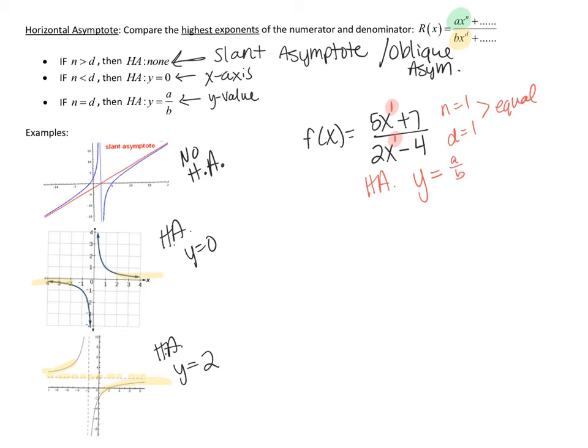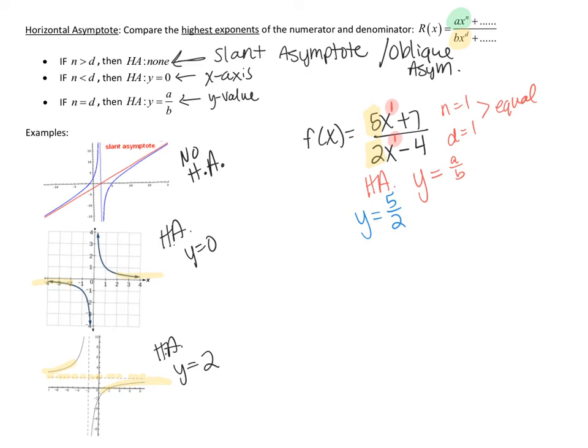So then the question is, what is a over b? Remember, a is going to be the coefficient in front of the numerator, and b is going to be the coefficient in front of the denominator. So my horizontal asymptote for this function would be y equals 5 divided by 2. You can just leave it as that fraction. If you want to write it as 2.5, you can do that as well. Since they were equal, I took their leading coefficients and divided them.